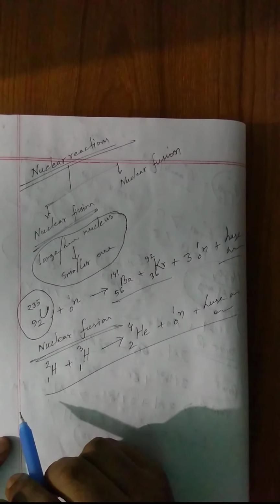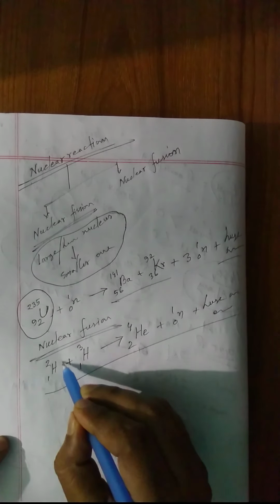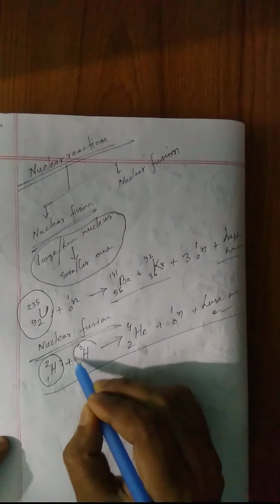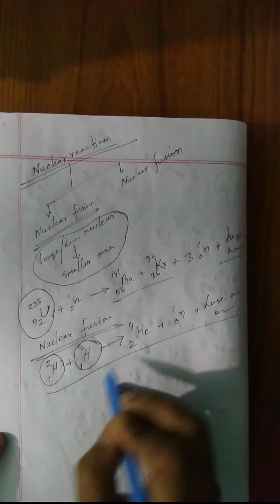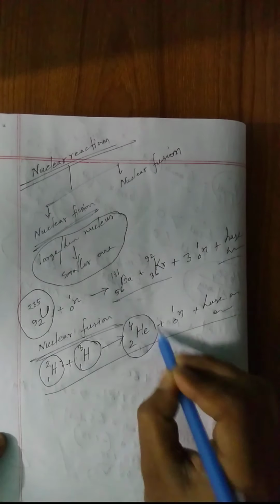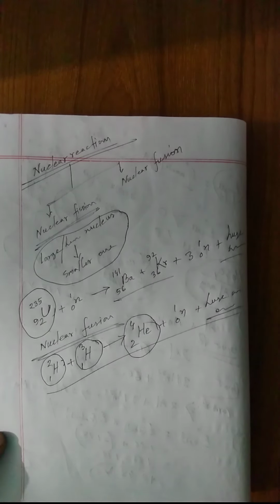This is the example of nuclear fusion. So here this is a smaller one, this is also a smaller one, and these two smaller ones combine with each other and form the larger one and a huge amount of energy. So this is the example of nuclear fusion.